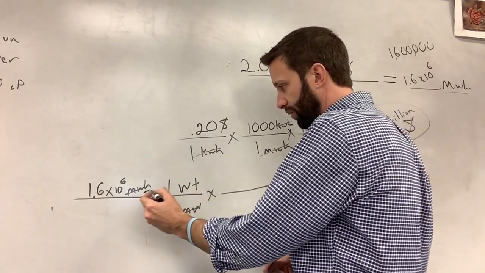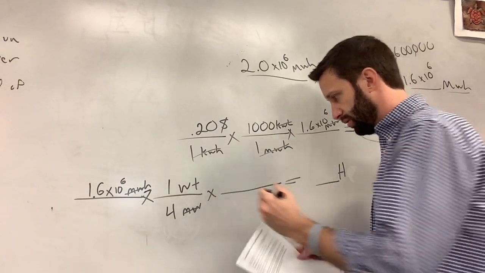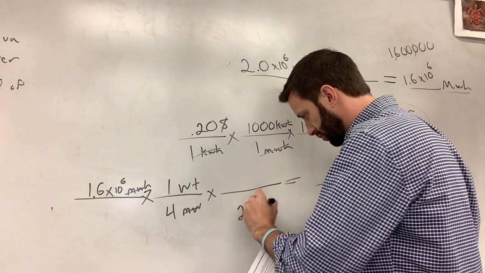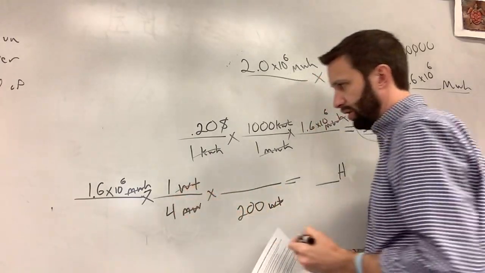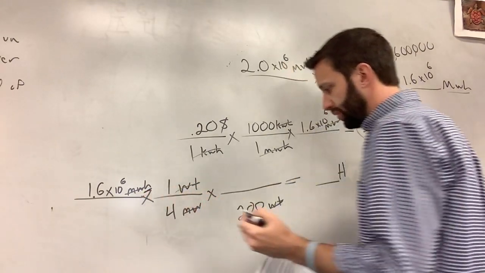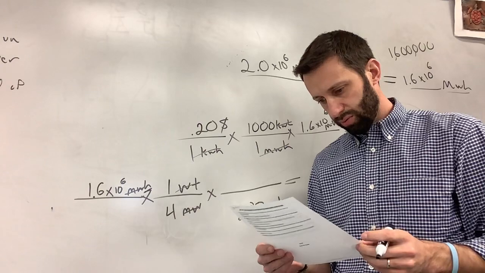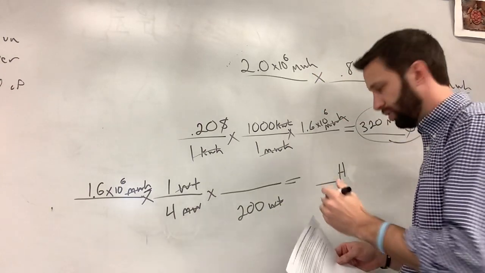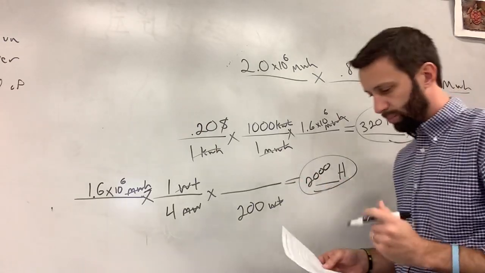We're down to hours, but we still got wind turbines. So how many turbines do we have running? 200. Okay, so we've got 200 wind turbines, and so wind turbines cancel out, and the only thing we're left with is hours, and when you calculate that out, 2,000 hours. 2,000 hours is what we're left with. Good. So that is your answer on part F, 2018.